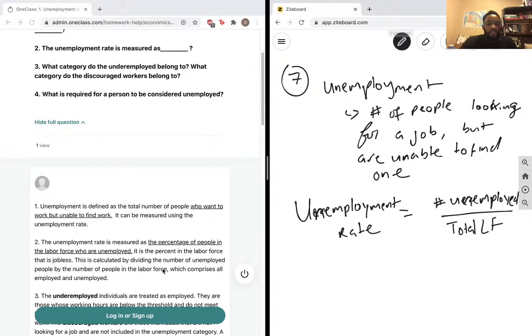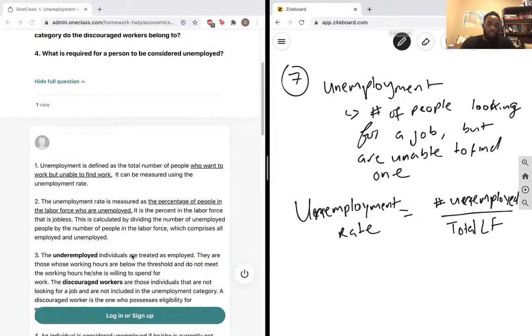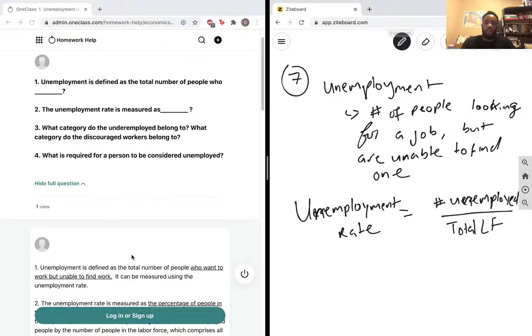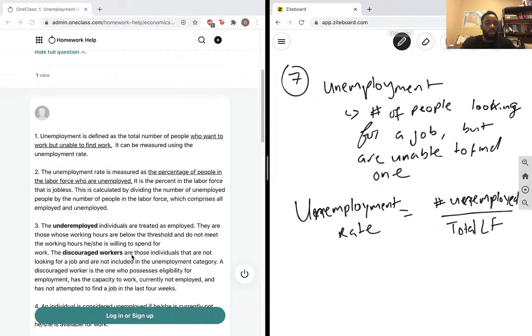This is calculated by dividing the unemployed people by the number of people in the labor force, which comprises all employed and unemployed people. So the labor force is a sum of the employed people and unemployed people in the population. The underemployed individuals are treated as employed, because they have a job, so they do not meet the requirements of unemployment.